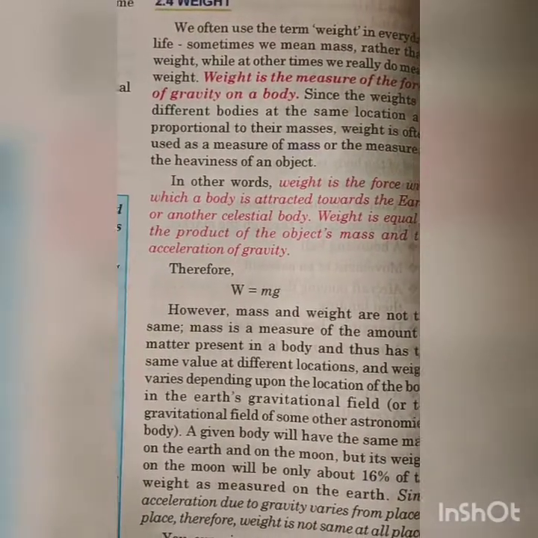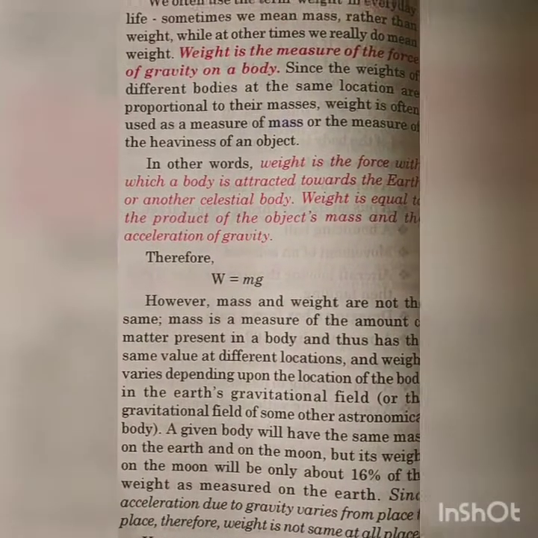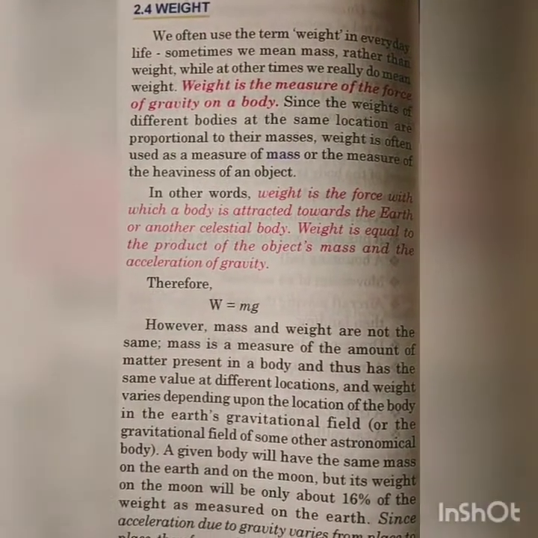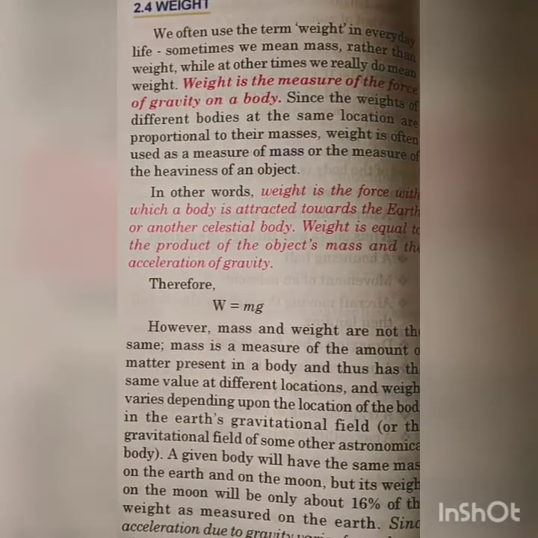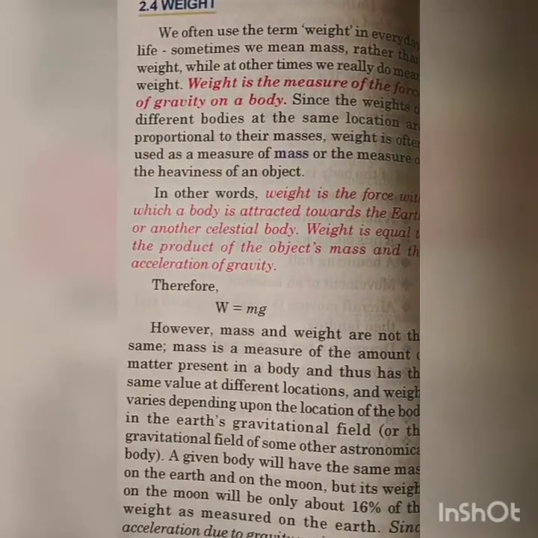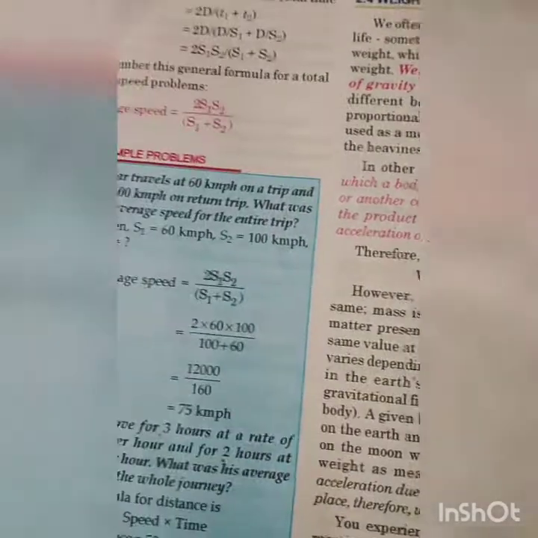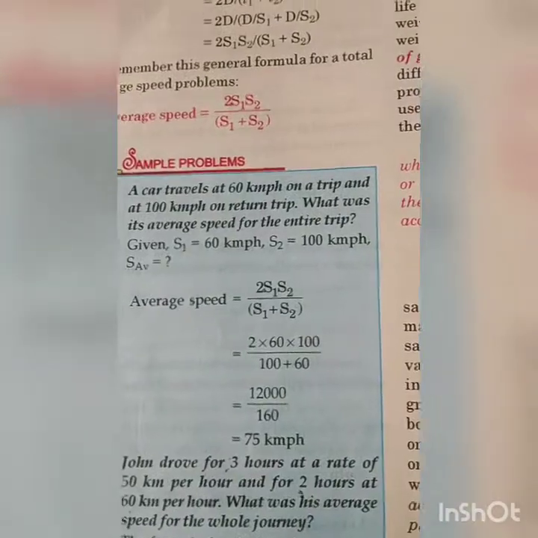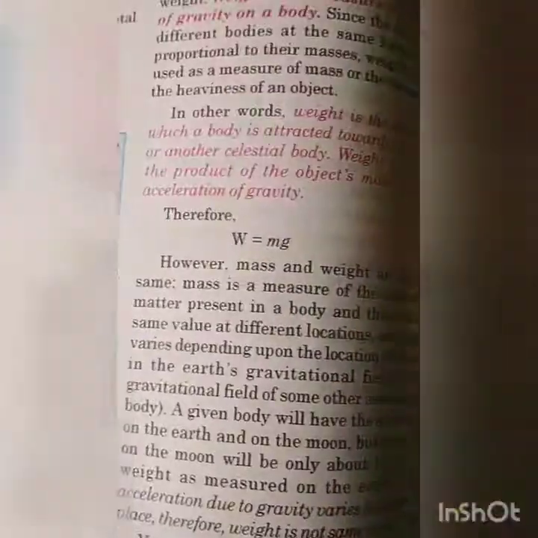Actually you are supposed to do it yourself. When you understand the topic and read it thoroughly, then you should be able to find all the exercises and question answers also. So just keep in mind, go through the topics we are doing, and it's better if you do it on the same day, then it's easy to understand.